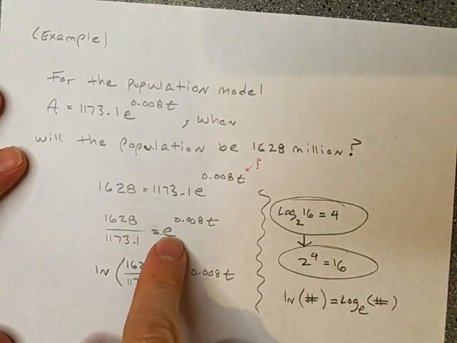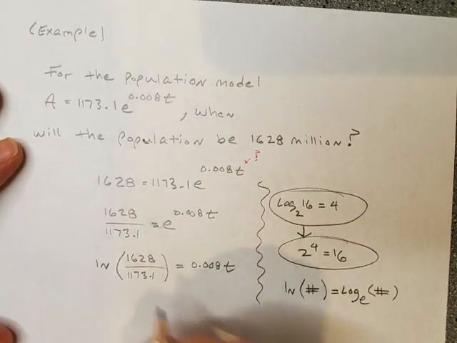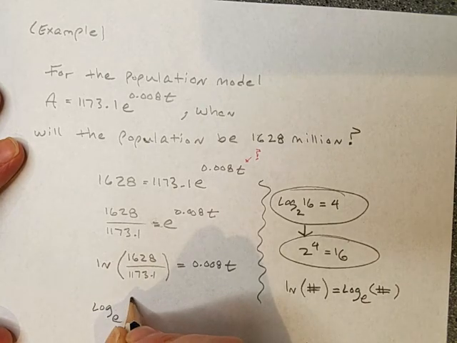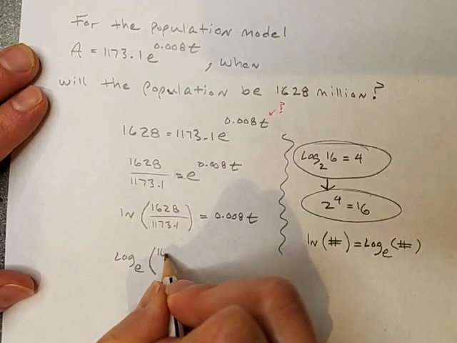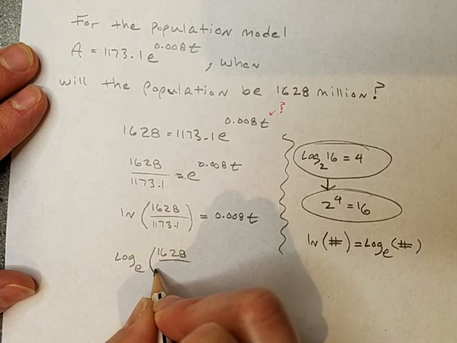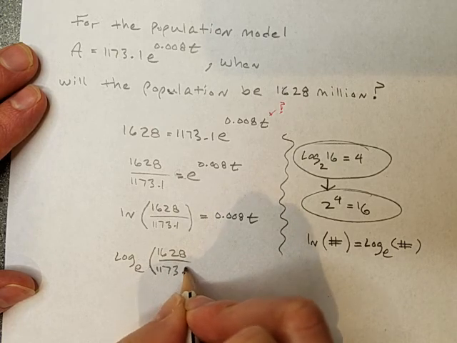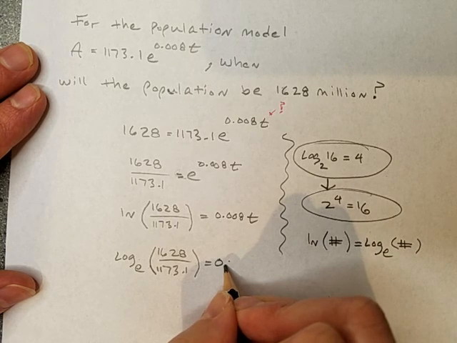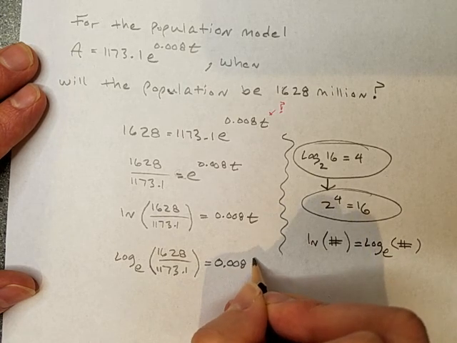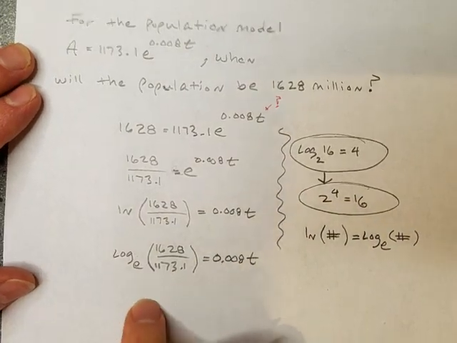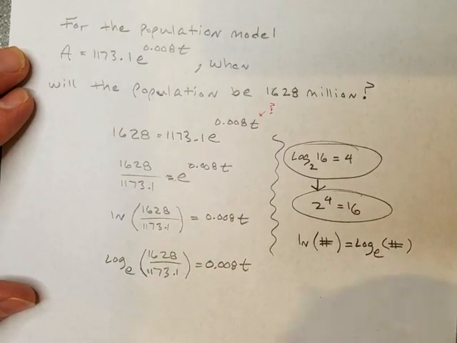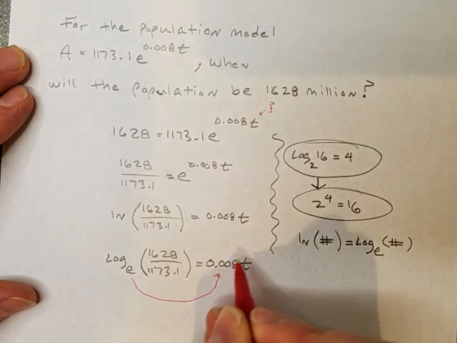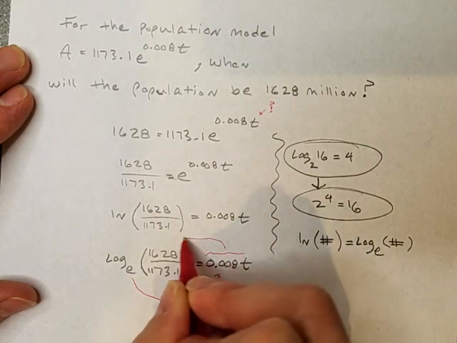Do you see how I got from here to here? This is really like saying logarithm base e of 1628 over 1173.1 equals 0.008t, because this says e, if raised to this power over here, is going to give you this number there.